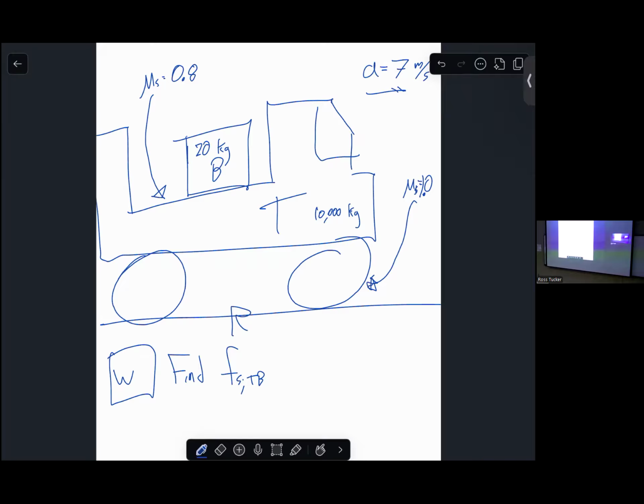Reflect on what we just did and what I've just told you in your notes. Static friction, what I've been writing down, is the magnitude.